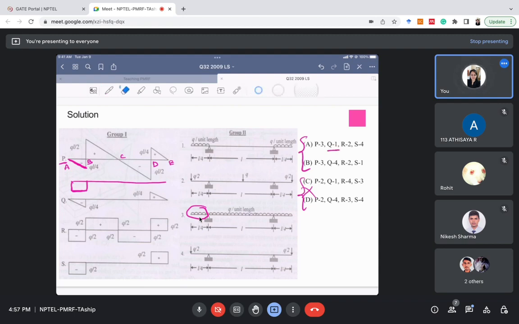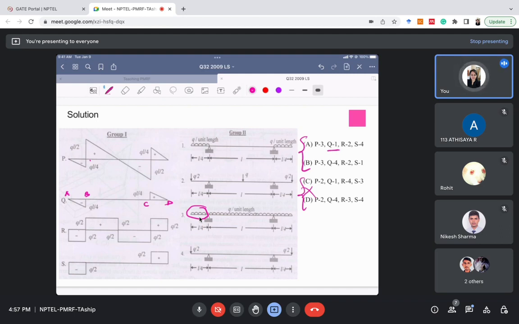In Q, let us call these sections A, B, C, D. Now, Q matches with either 1 or 4, so we will analyze only option 1 and option 4 for Q. Let us see option number 1 first.